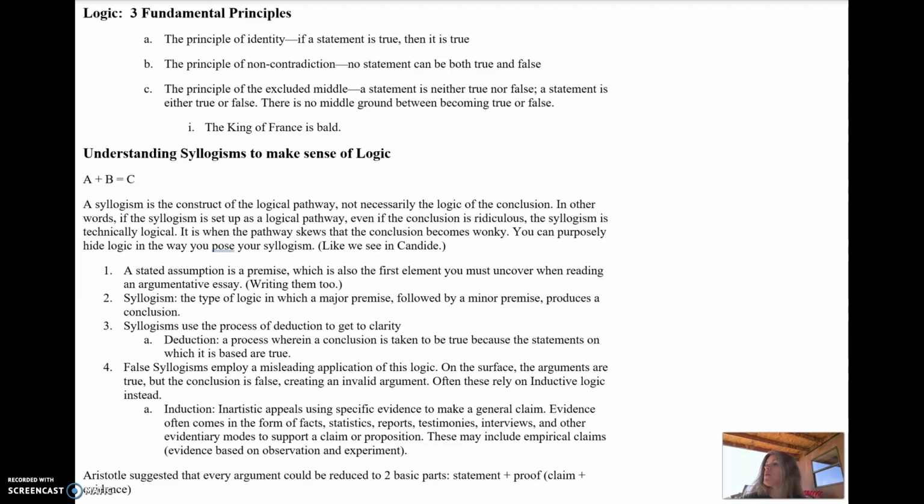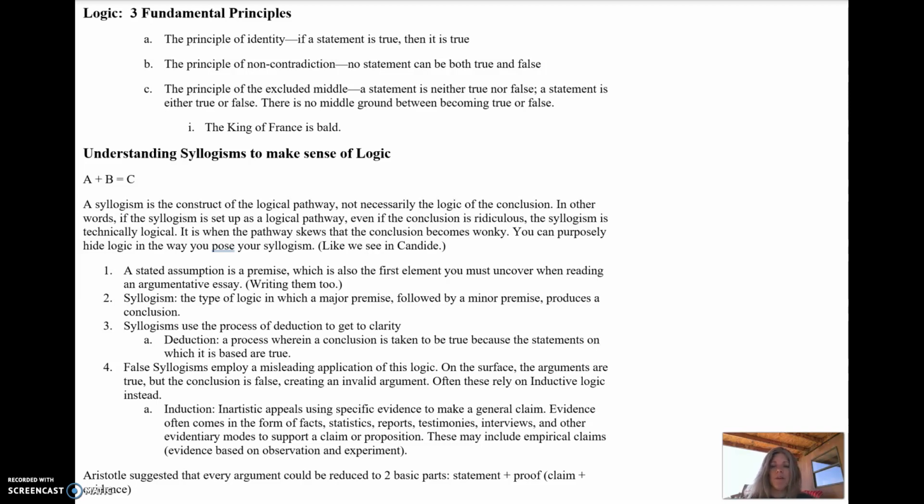The best example is when Pangloss goes through that entire construction of events where he says, without syphilis, we wouldn't have chocolate. What the heck is he talking about? Well, he's constructed an illogical syllogism. He's hiding his logic in his pathway. For him, it reaches this ridiculous conclusion that makes sense. For us, it makes zero sense.